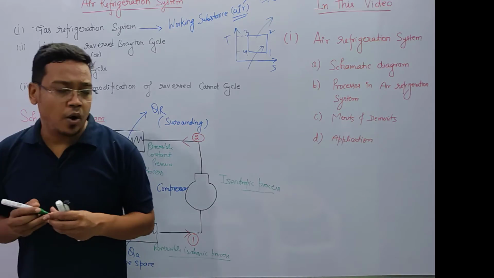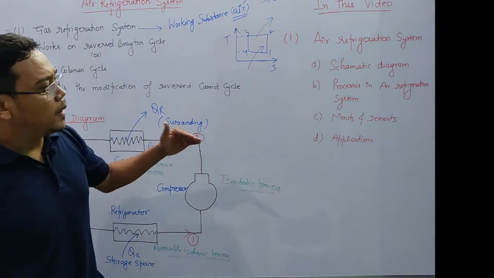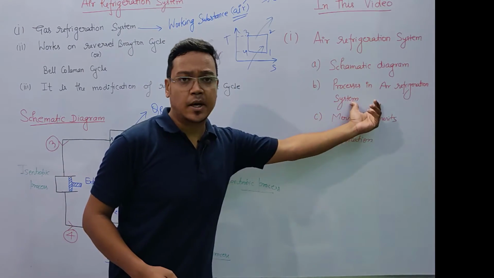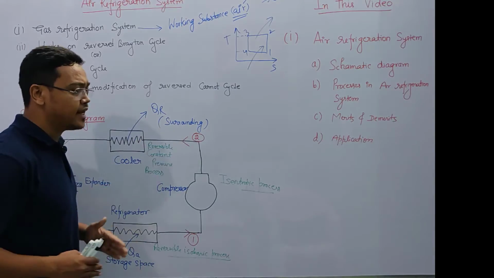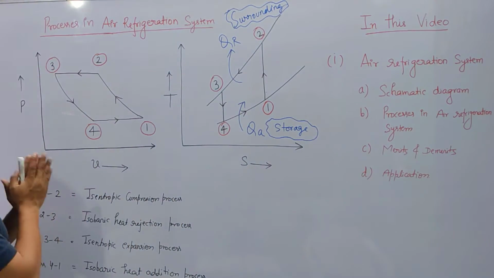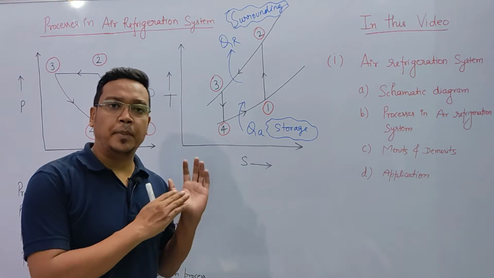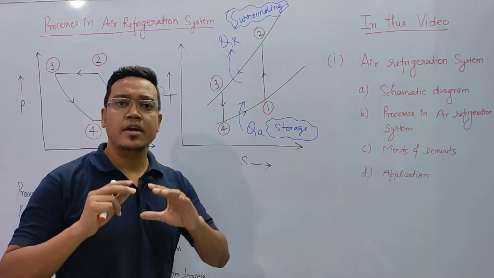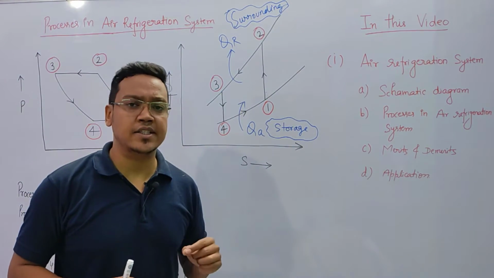Okay friends, now let's see the processes in the air refrigeration system on the TS and PV diagram. In the previous slides, I told you about the components in an air refrigeration system.